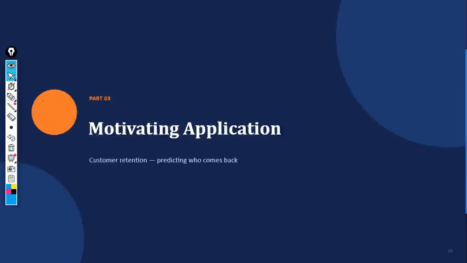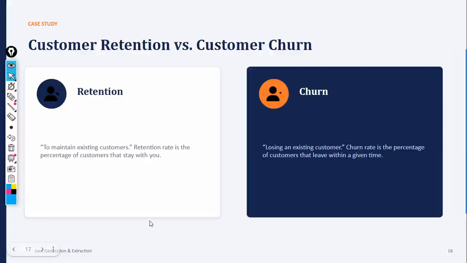Then the next part, a motivating application. We will take an example of a customer retention data set, predicting who comes back to purchase the product. Customer retention is nothing but maintaining the existing customers.